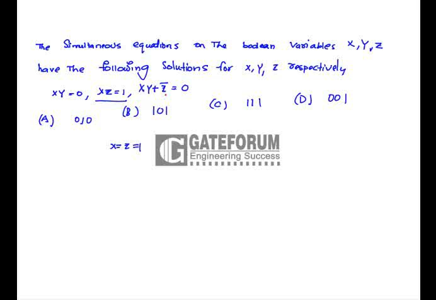Again this must be 0, means here xy is 0, means 0 plus z bar should be 0, means z should be 1. So it is 1 0 1, because here x is 1, so y should be 0, so xyz should be B. Option B is correct.